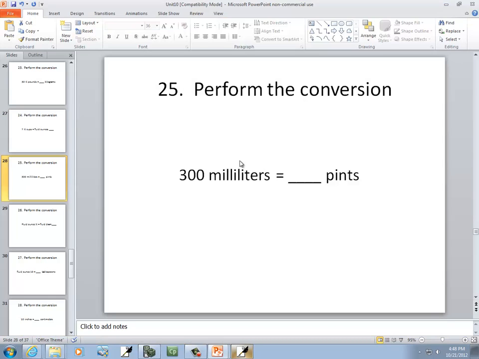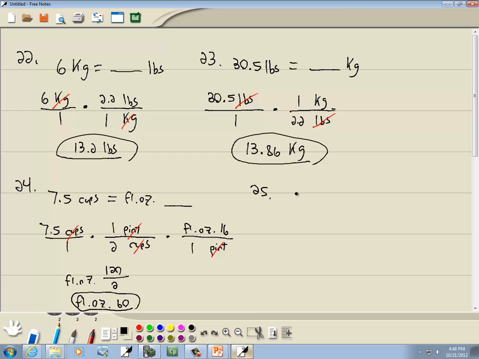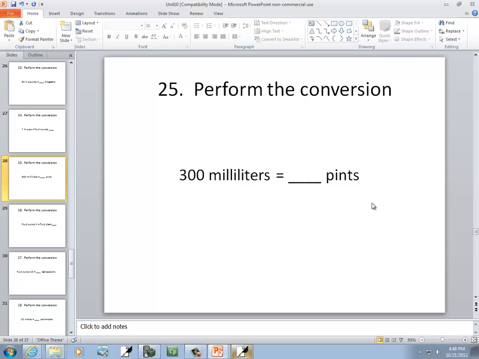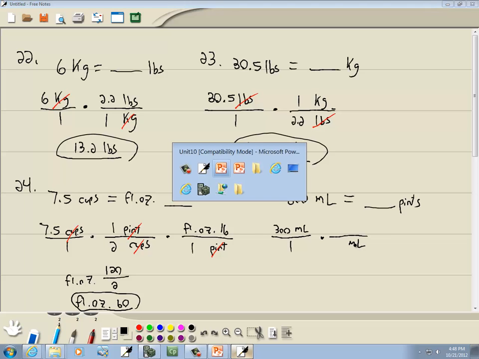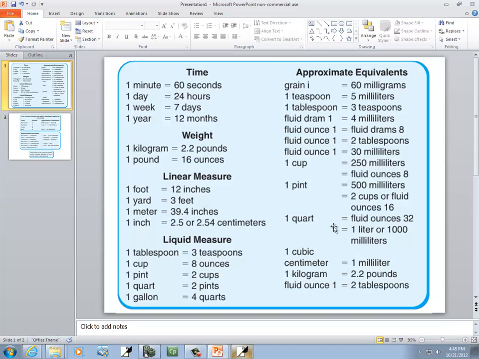Okay, number 25. Got 300 milliliters to blank pints. Okay, so we start off with 300 milliliters, put over 1. Milliliters is there, milliliters is here. Let's see if there's some kind of tie between milliliters and pints. 500 milliliters is 1 pint.